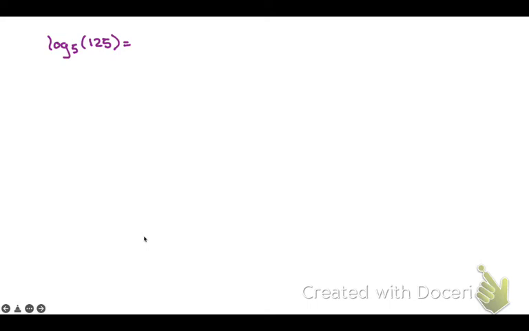X. Okay, so this is log base 5 of 125 equals x. So what we need to do is put it into exponential form. What's our base? 5. 5 to the x equals 125.